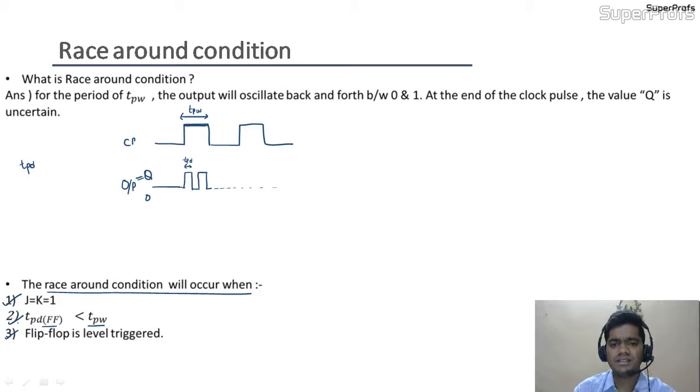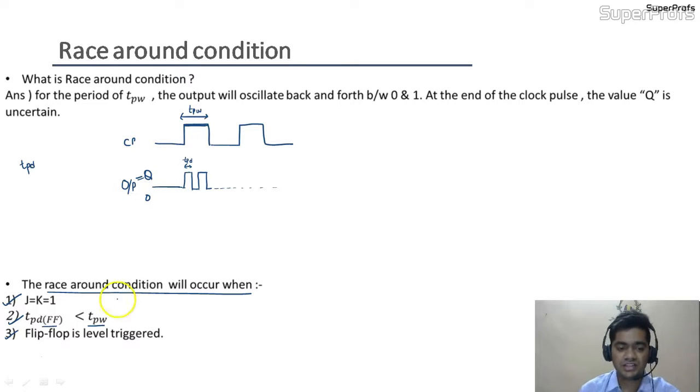Because if it is in edge triggered mode, this condition would not occur, because it would be edge triggered only at one time, and at that time the output of the flip-flop would be affected. But because the JK flip-flop is level triggered, we are going to see a race around condition, or a toggling nature of output.